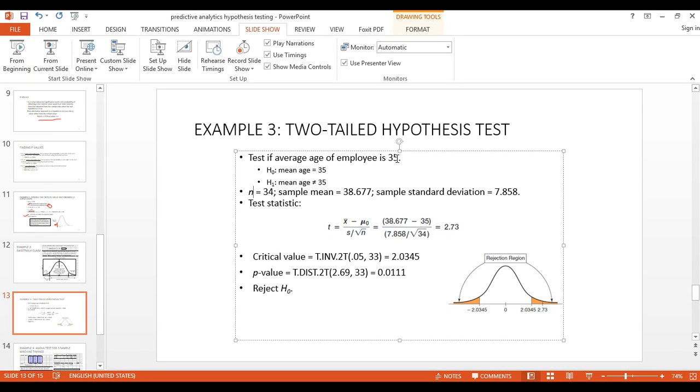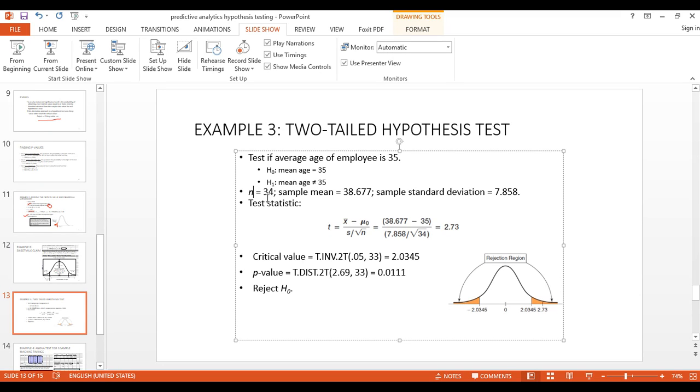Oh sorry, average age. The sample size is 34. The sample mean of these 34 people, the age, is coming out to be 38.67. The sample standard deviation is 7.85.